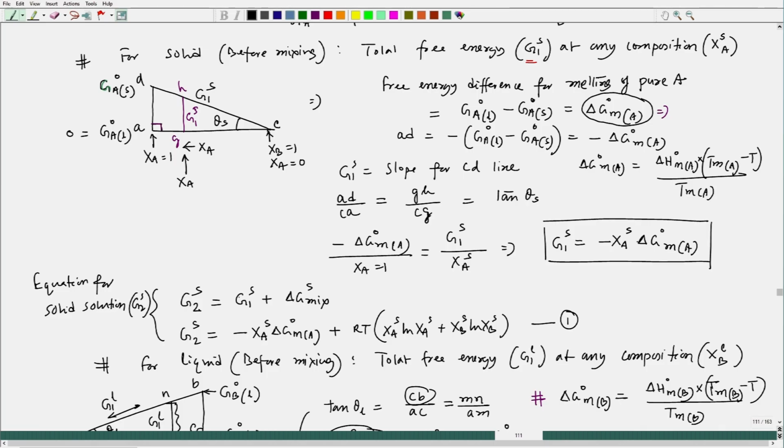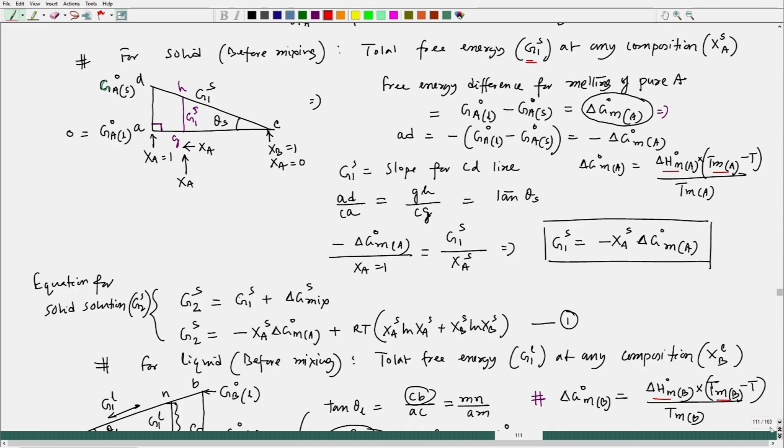So, that way we can find it out. Now, what data will we need? We will need this quantity and this quantity. So, that means 4 data we will need.